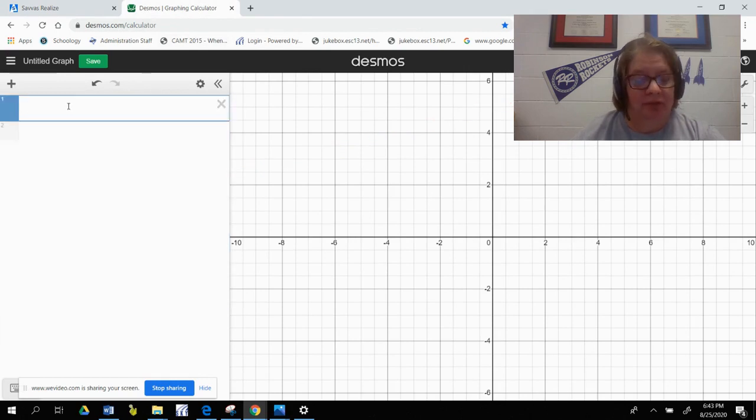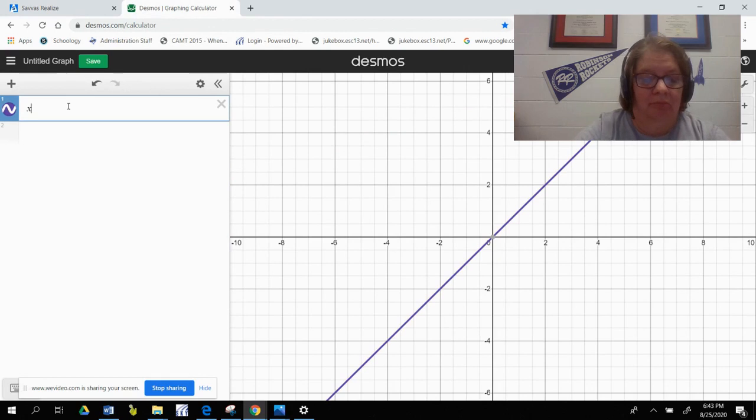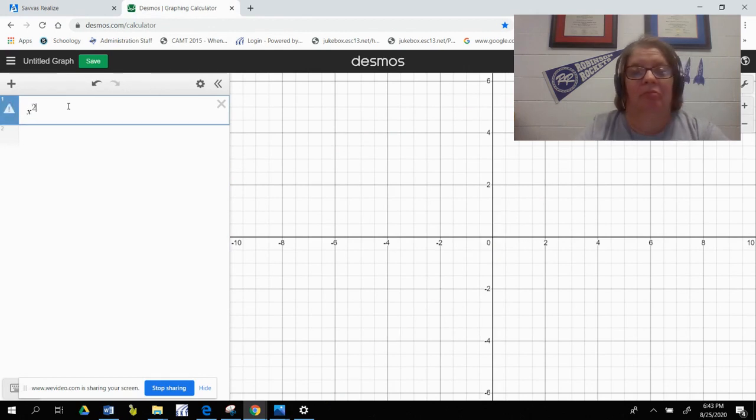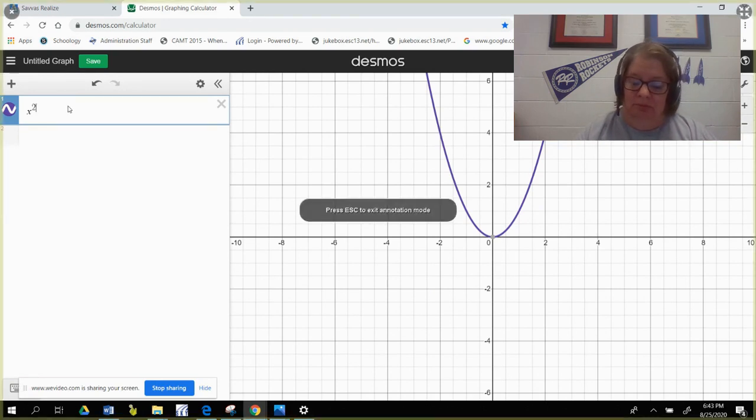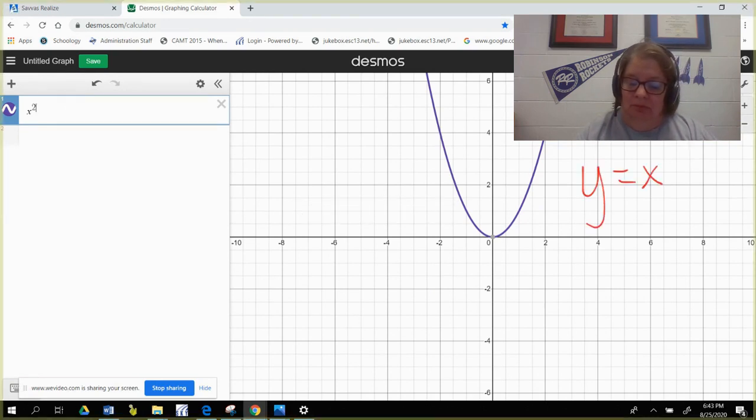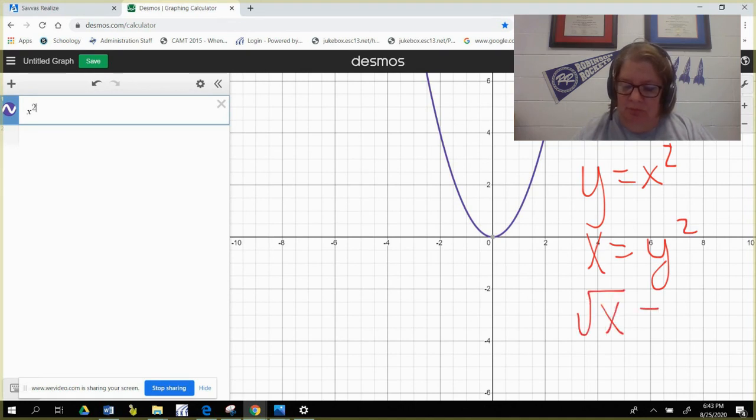Okay, let's say we have x squared. Y equals x squared. If I want to make the inverse of that, y equals x squared, switch the x and the y, take the square root. Okay.